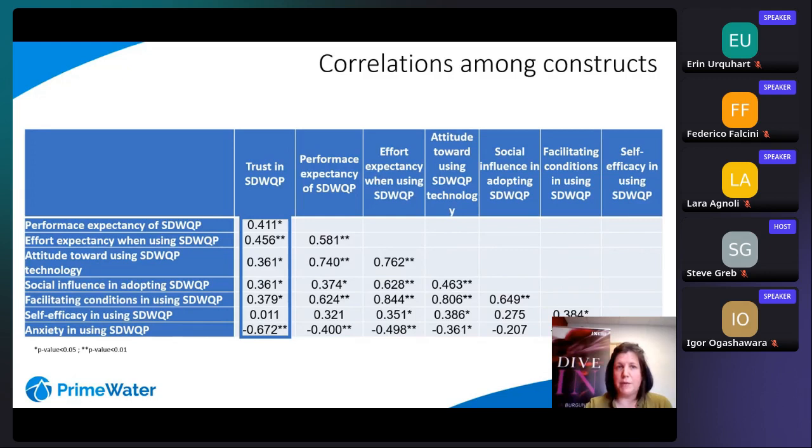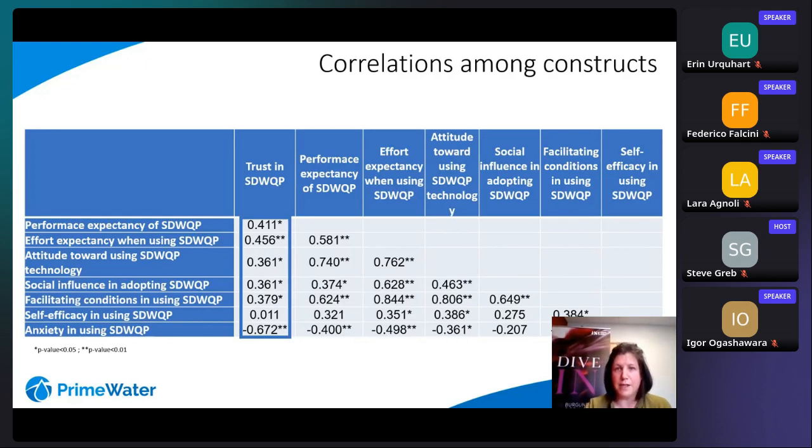This table summarizes the relations among the different constructs we analyzed in the project. And if we focus on trust, for example, it emerges that performance and effort expectancies together with attitudes, social influence, and facilitating conditions have a positive role in building up trust in satellite-derived water quality products.